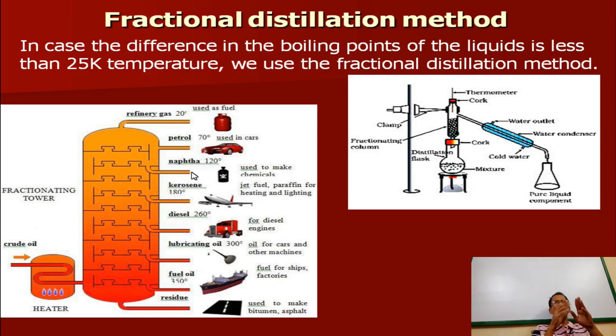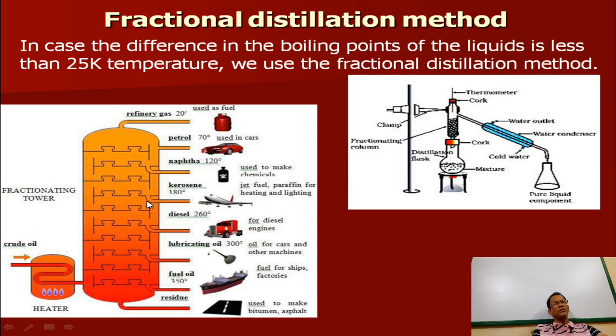Fractional distillation is applicable when the boiling point difference is very small, that is less than 25 K. When the boiling point difference is much more, then we can use only simple distillation. So in this way we can separate different liquid components from the mixture using the fractional distillation method.